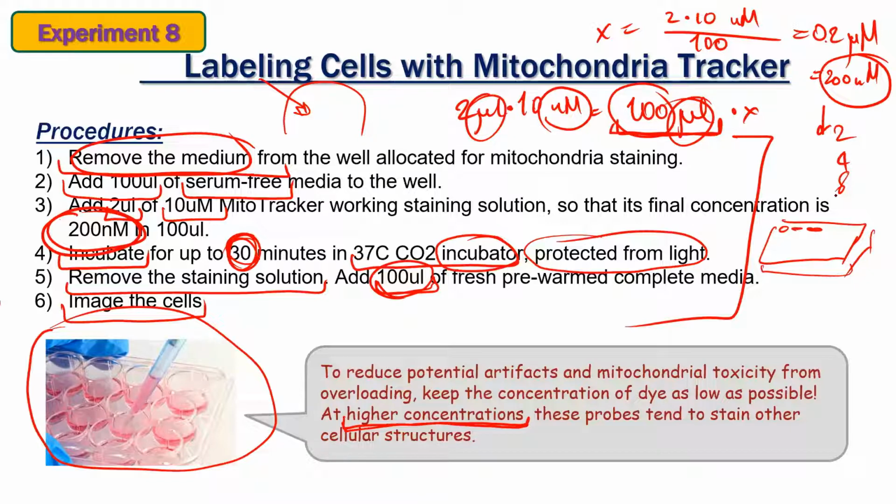When we were doing the video shooting, Aijan found that 200 was quite fine. So 200 goes in the standard protocol. It was fine for the cells that we used in the video.